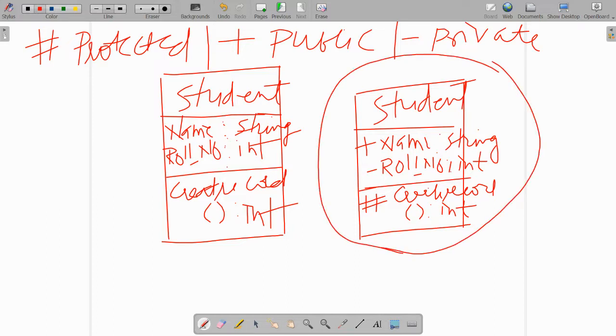This is a class diagram which will give you the information about the attributes, the type of attributes which has to be mentioned, whether it should be public, private, or protected, and it also gives you the class operation. Okay, so with this example, you should be able to understand what is a class diagram.